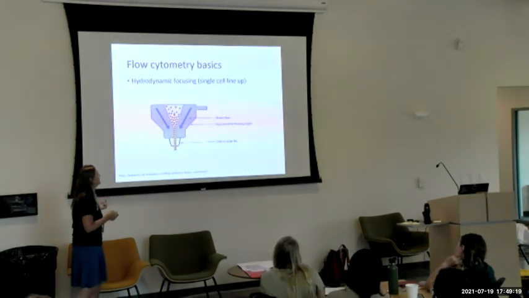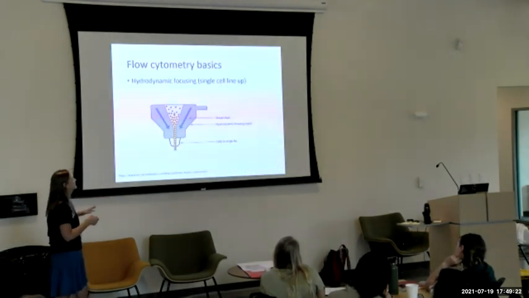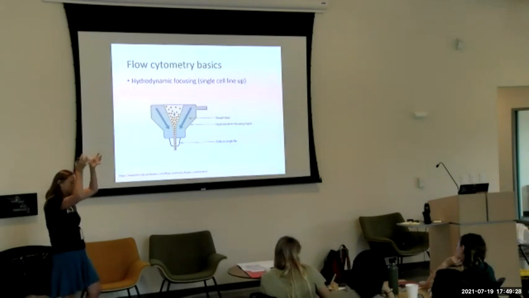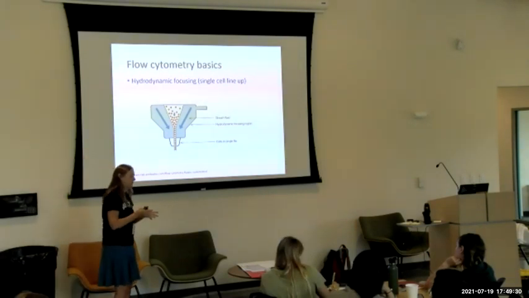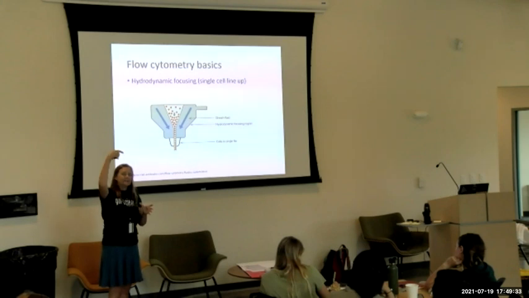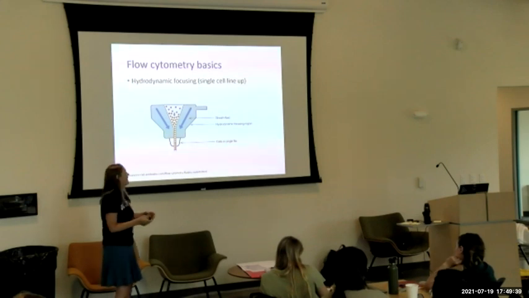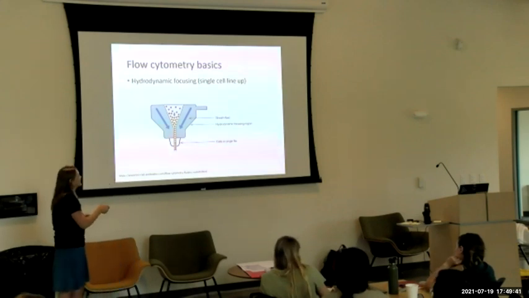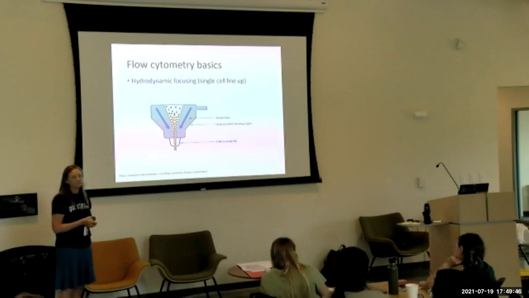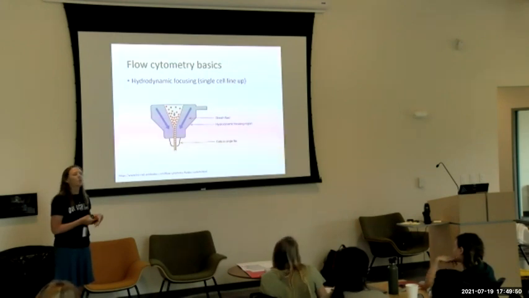The basic premise is that they use a process called hydrodynamic focusing, which means they're flowing a fluid, which they call a sheath fluid. They inject their sample into this laminar flow such that every cell gets aligned in single file, which is amazing because that means you can look at one cell, or one particle, at a time.